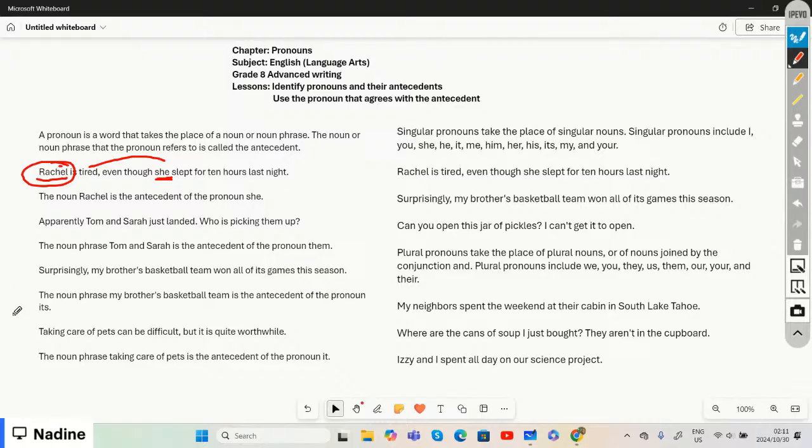All right. If we look at another example, it says, apparently Tom and Sarah just landed. Who is picking them up?